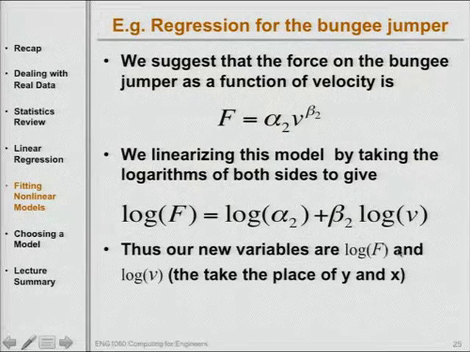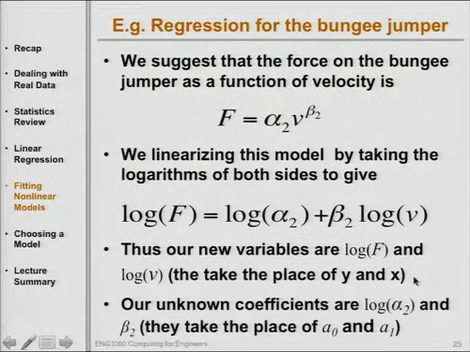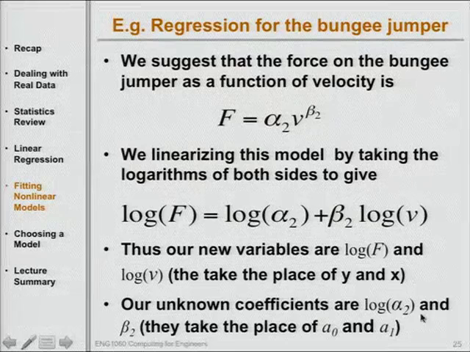And so our new variables are log f and log v, which take the place of y and x, and our unknown coefficients that we're trying to find are log alpha 2 and beta 2. They take the place of a0 and a1 previously in the standard linear regression.